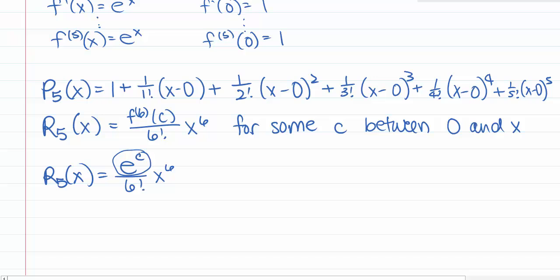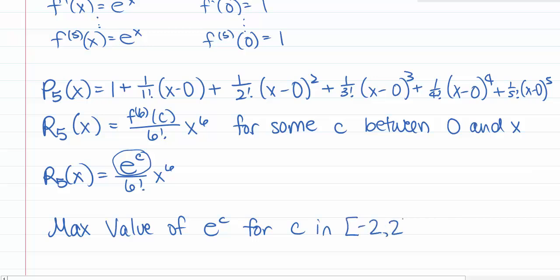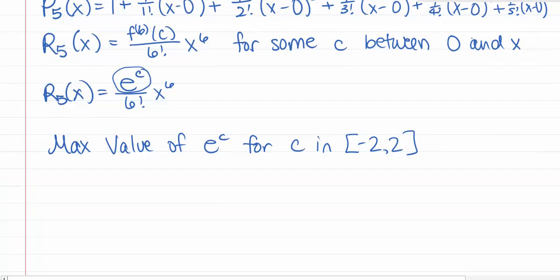Well, we want to find the maximum value of e to the c for c in negative 2 to 2. Why do we want c in negative 2 to 2? Well, it's c between 0 and x, and x is between negative 2 and 2. So if we want to consider all the c's between x and 0, for any x between negative 2 and 2, c could get as small as negative 2 or as big as 2.